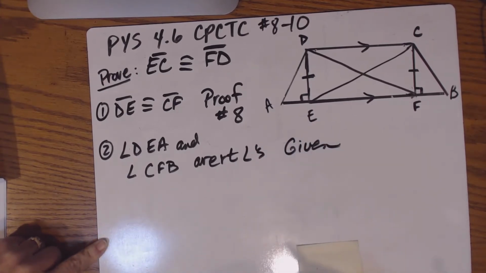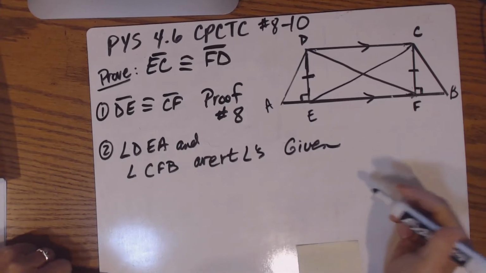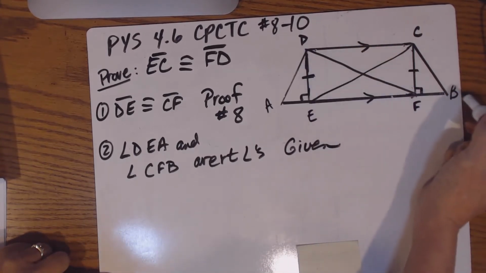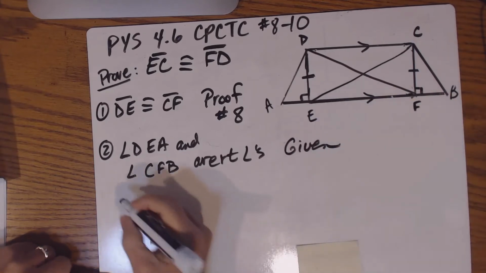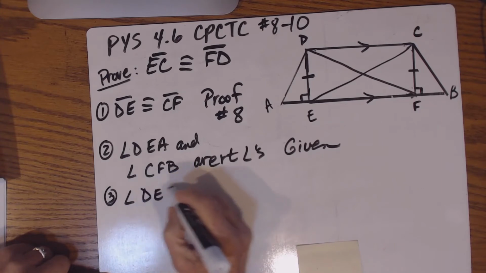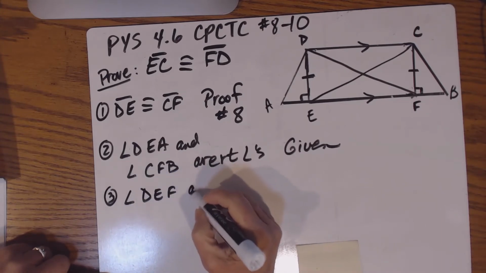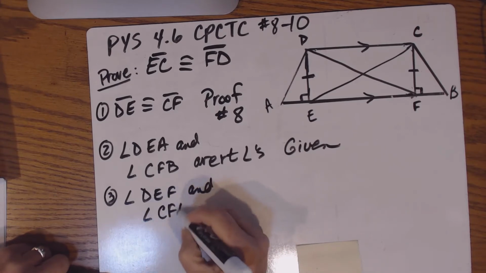Okay, so that would be a statement that I would use. Okay, now how could I make the statement that DEF and CFE, those inside angles, how could I state that? Hopefully you're thinking.